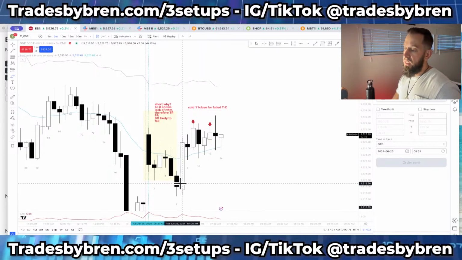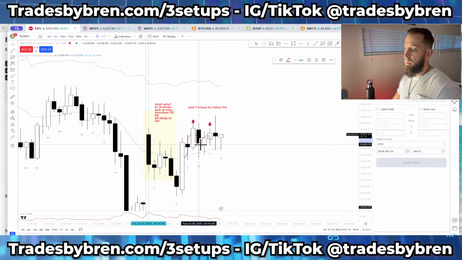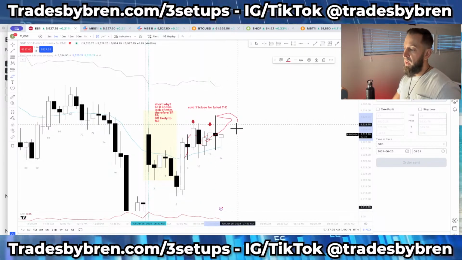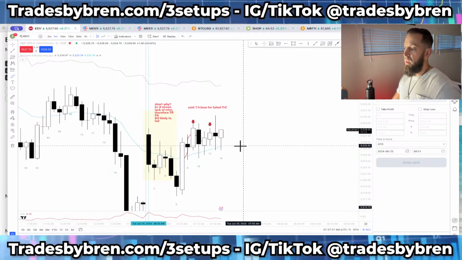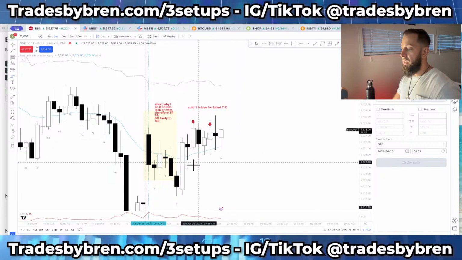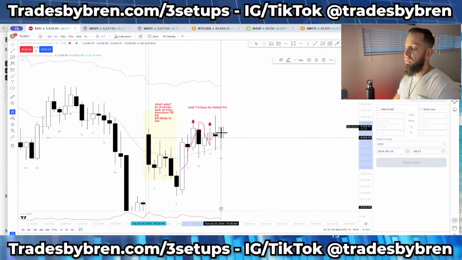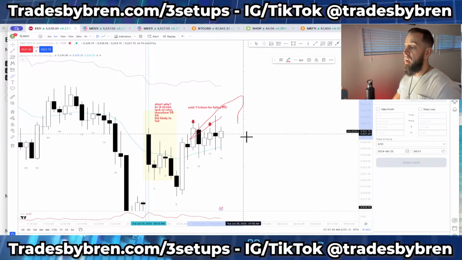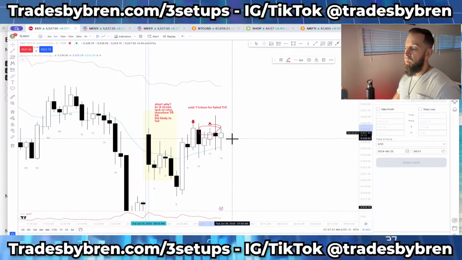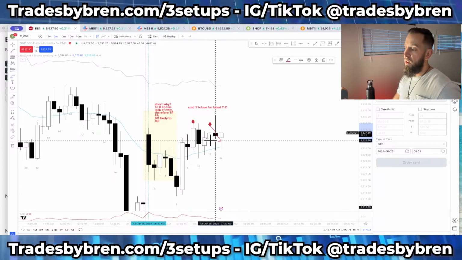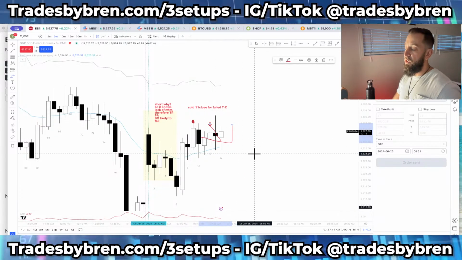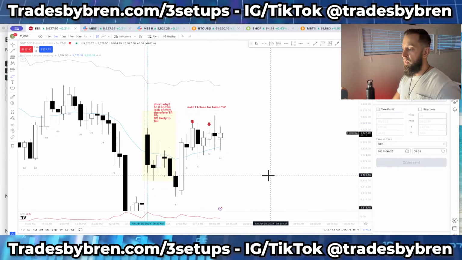So in a trend, a pullback buy would be right here, and then you'd expect the market to go higher. But in a trading range, you do the opposite. So instead of trading this for trend continuation up, you fade it, meaning you short that for a failed trend continuation and a reversal down.